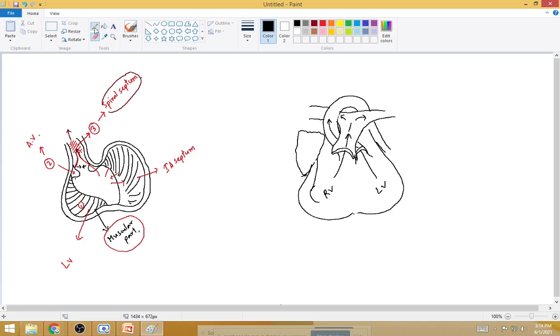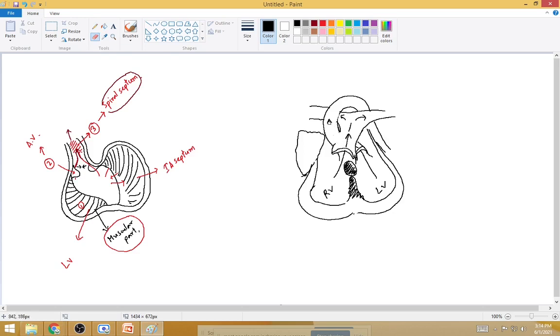So we need a septa, which is being produced through the muscular part. Somewhere here is the cushion, the atrioventricular cushions, both right and left. So two components are already done. And the third: what was this?